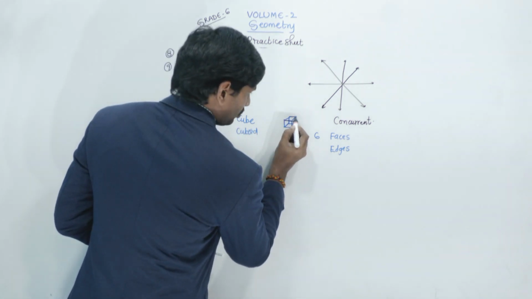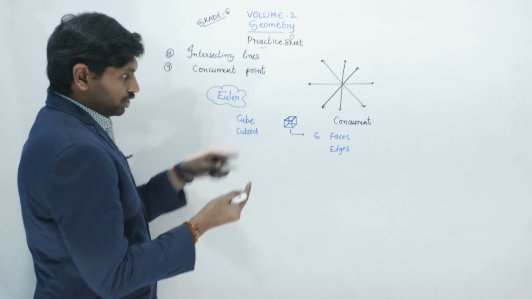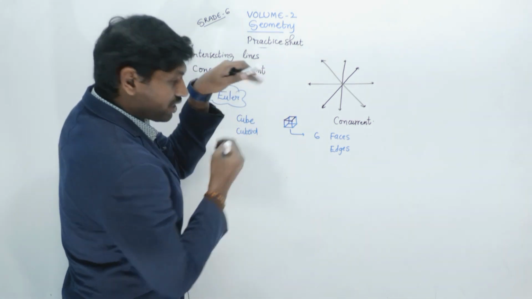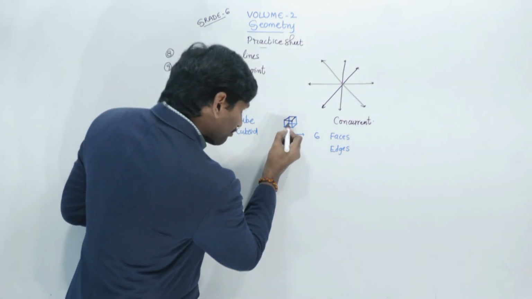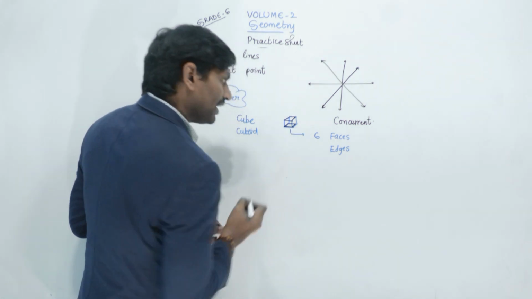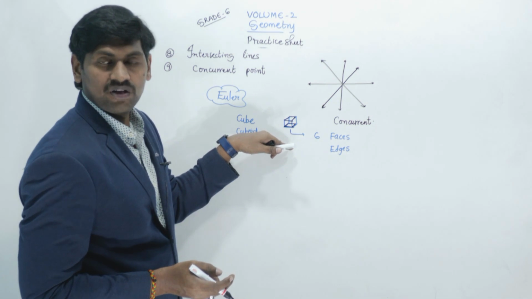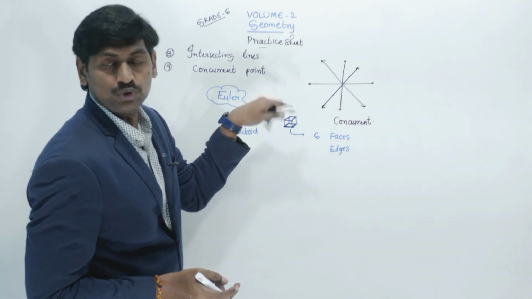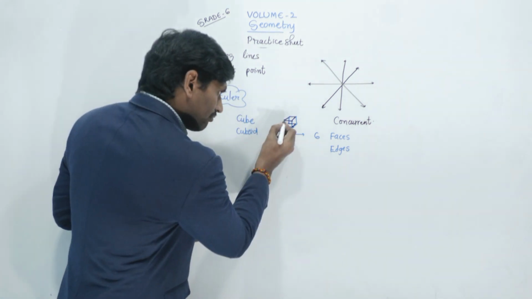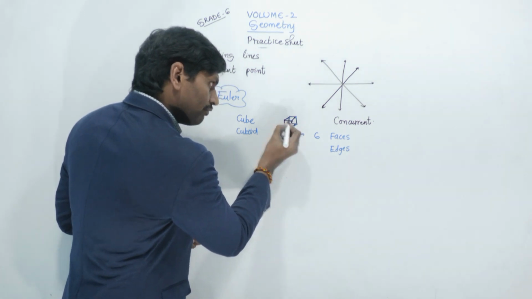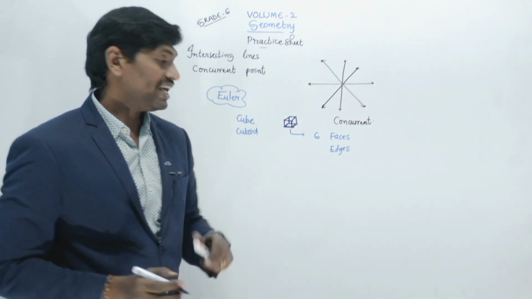Here 1, 2, 3, 4. That means in the top surface there are 4 line segments, and the bottom surface also has 4 line segments. Here 4, here 4. In these 4, 2 lengths and 2 breadths are there. And here 1, 2, 3, 4. Total 12 edges.